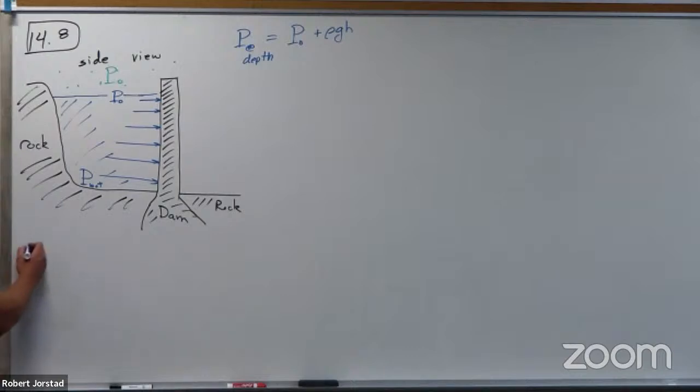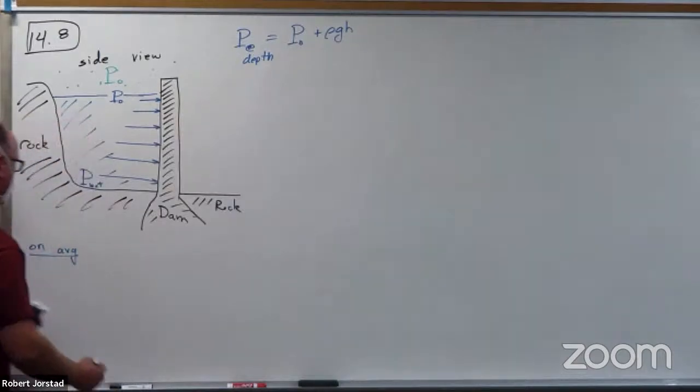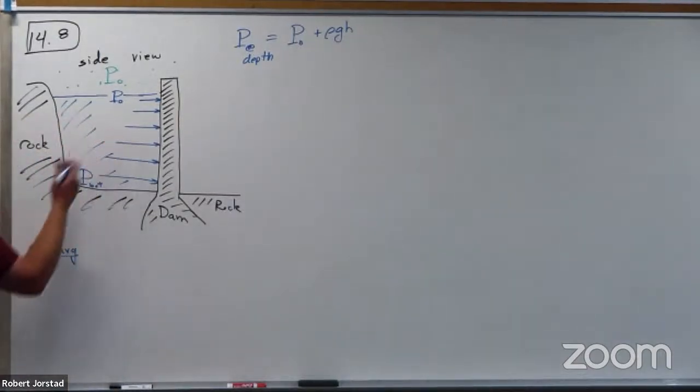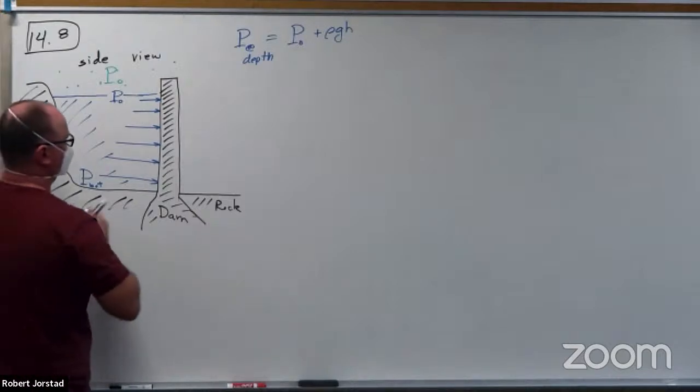On average, I want to point out that the average would be half of that total. We could use the average depth would be H over 2. I guess I should be clear here.